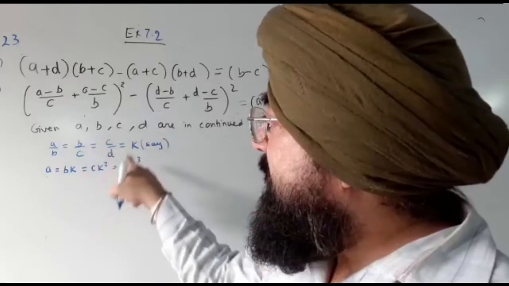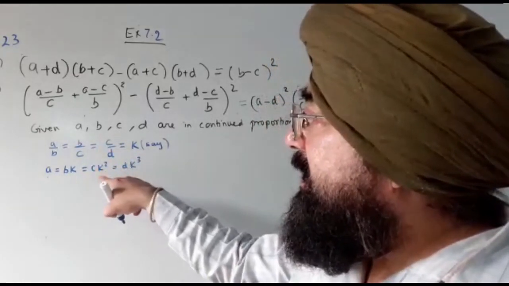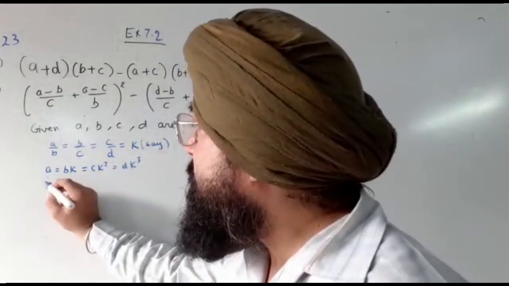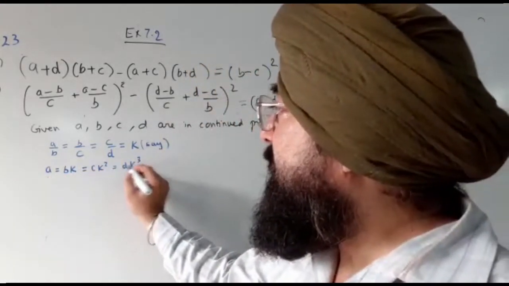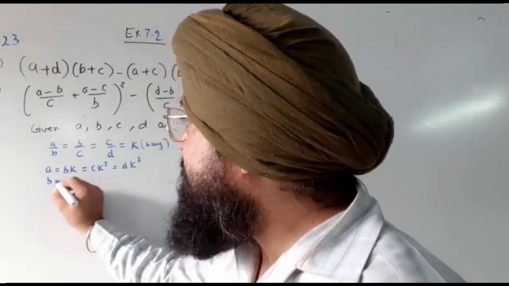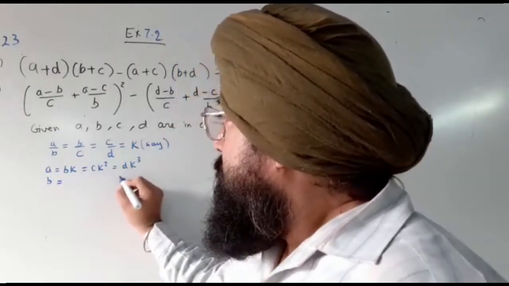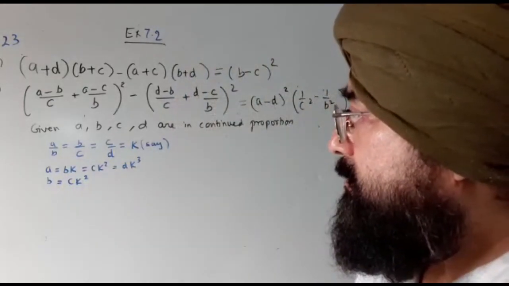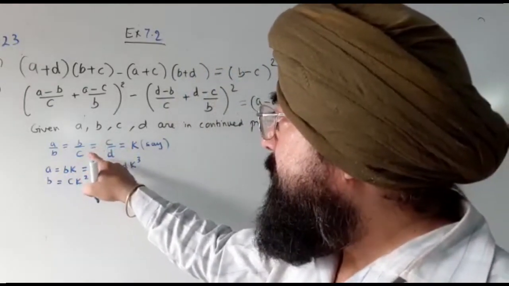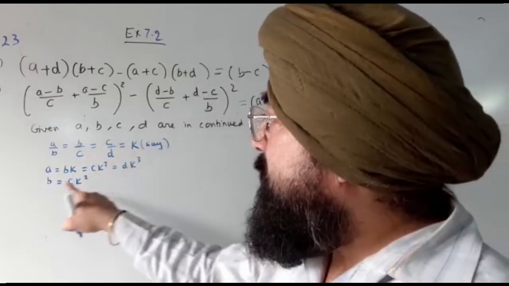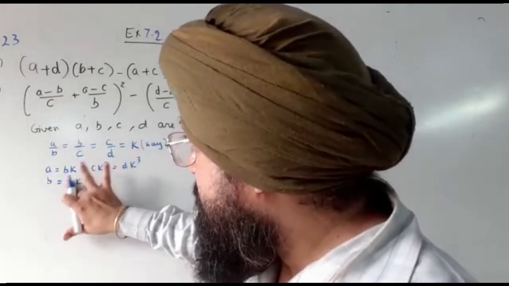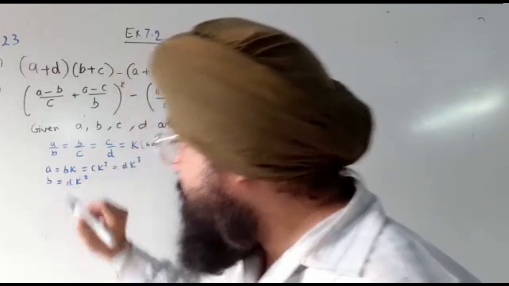Then C is equal to DK, so in place of C I put DK, so DK into K square is DK cube. So that I already emphasized previously with you. So A is equal to DK cube. Likewise B is equal to CK square, isn't it? B is equal to CK and C is equal to DK, so B is equal to DK square, I am so sorry.